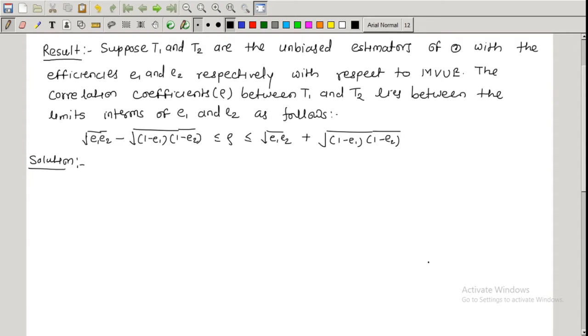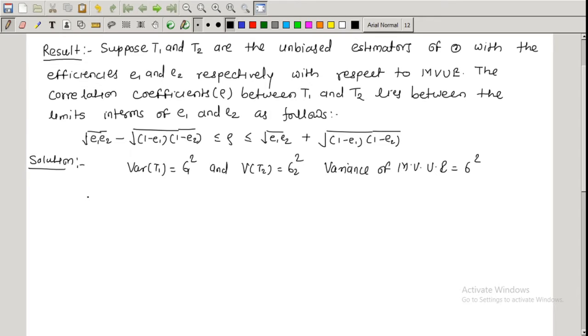So to prove this, first we know the variance of T1, we take that term as sigma 1 square, and the variance of T2 we take as sigma 2 square, and the variance of the minimum variance unbiased estimator is sigma square.